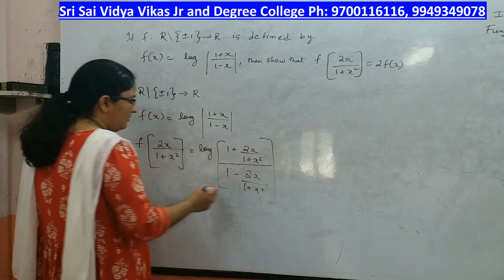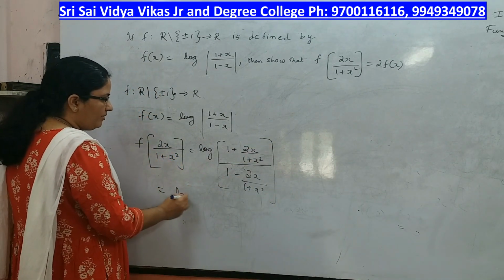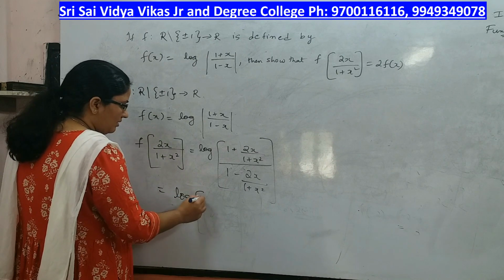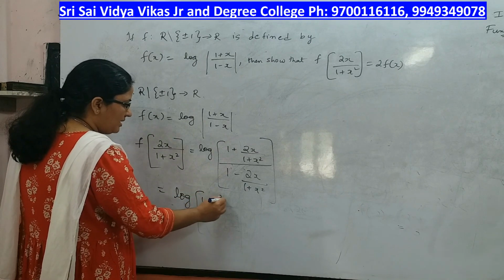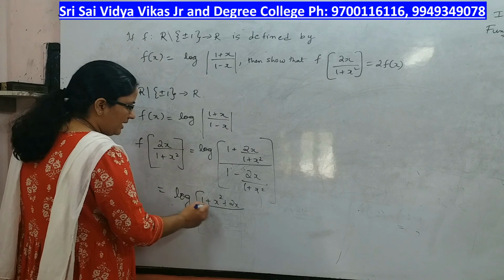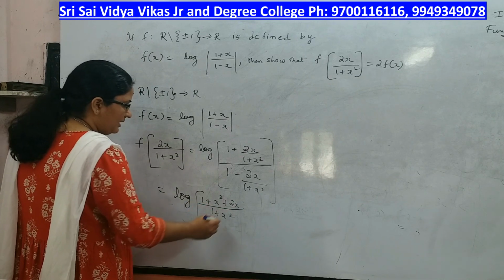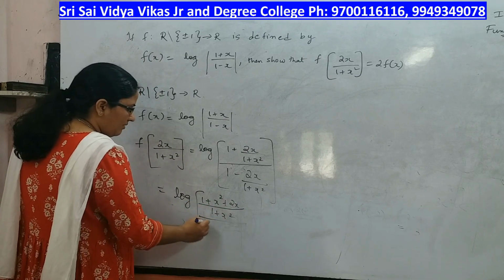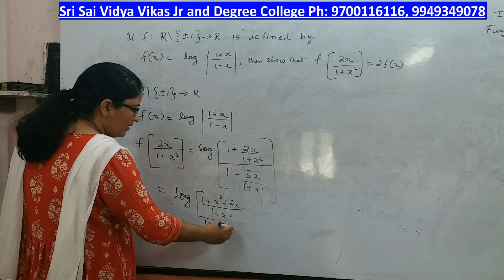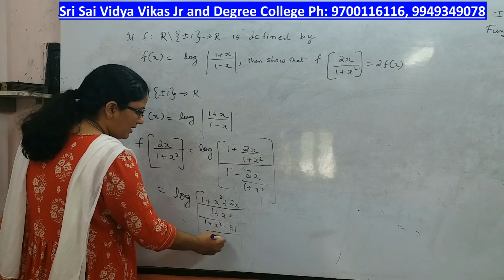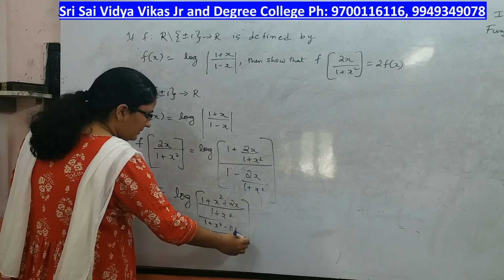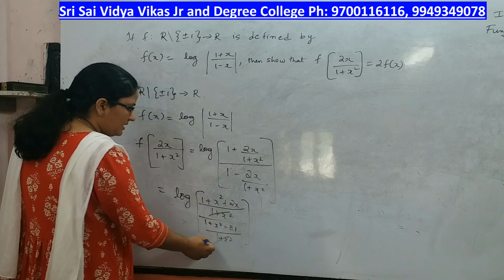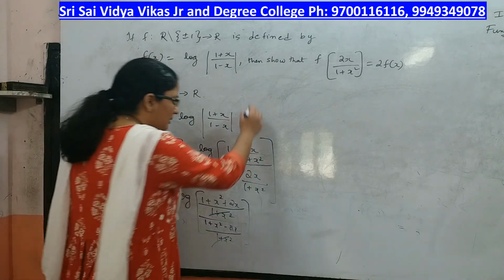So that will be equal to log of 1 plus x square plus 2x by 1 plus x square, by 1 plus x square minus 2x by 1 plus x square. 1 plus x square, 1 plus x square cancel.